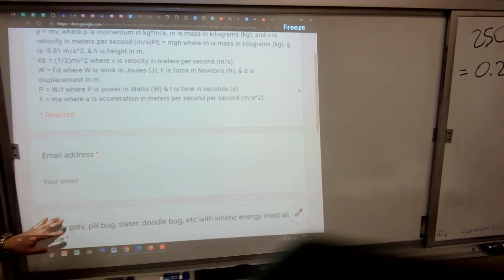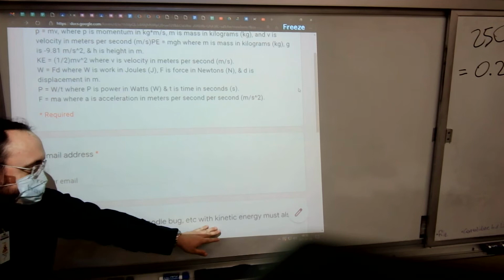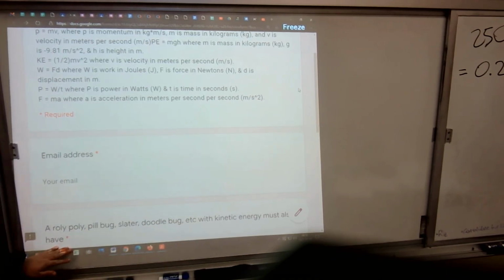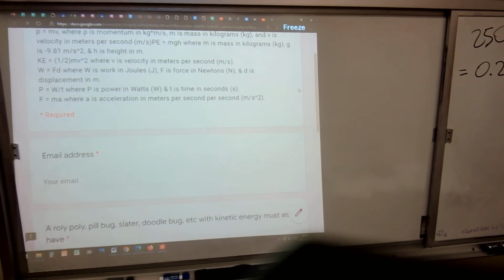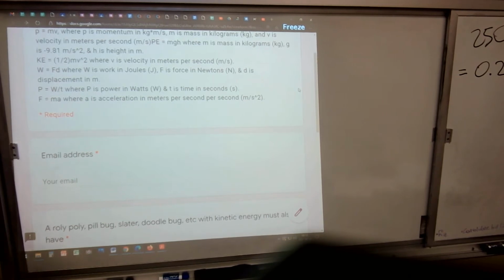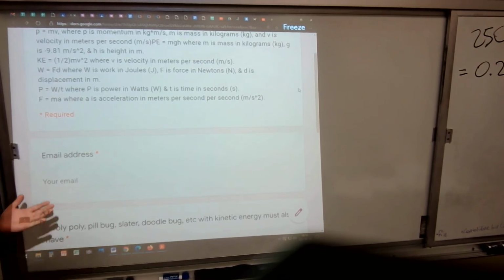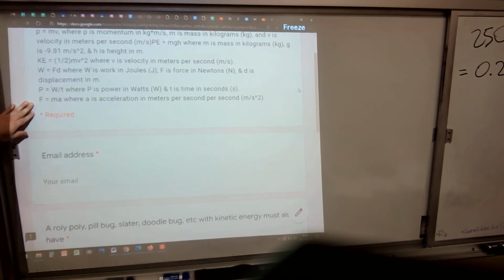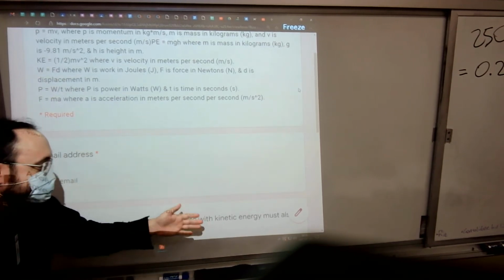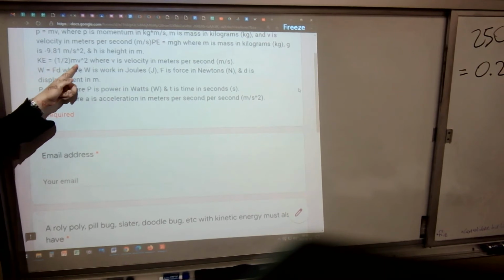Anyway, if one of these things has kinetic energy, it must also have blank. I gave y'all a hint. Look at these formulas. The formula for kinetic energy is 1/2 mv squared.